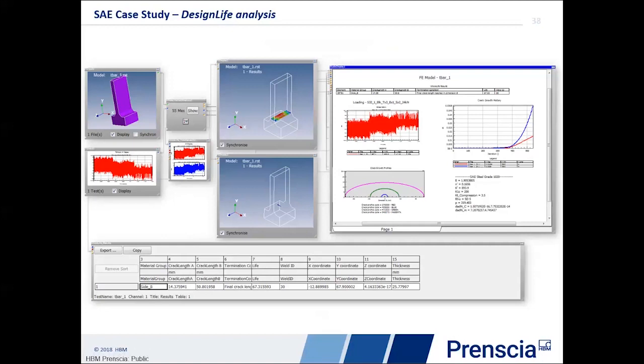The critical location is then turned around, and we do crack growth through that path at the critical location using the whole life methodology. What comes out of this is fairly detailed information, not only the number of cycles to failure and why it failed, but growth histories for these.